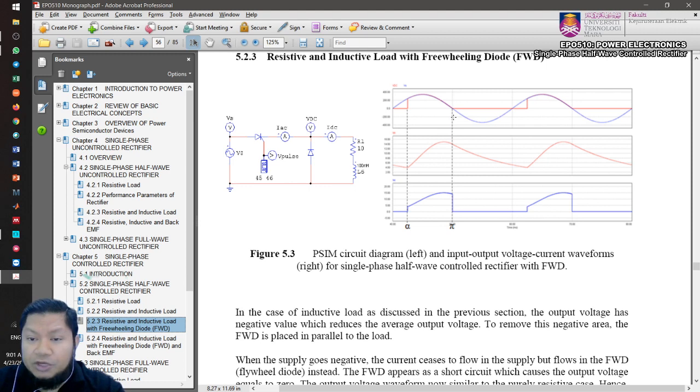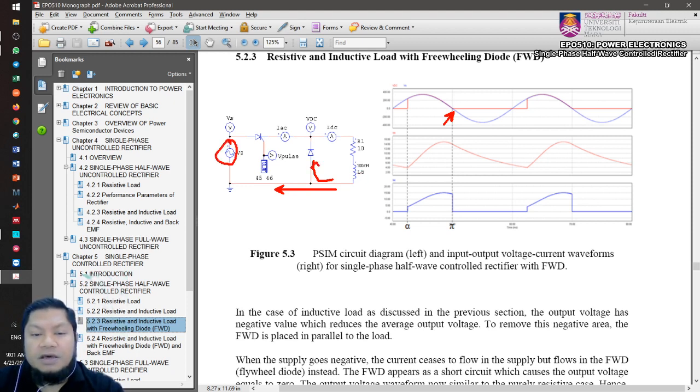So therefore, during the negative half cycle, when the voltage goes to the negative half cycle, the current now, instead of flowing through that path, will start to move into the diode, right?